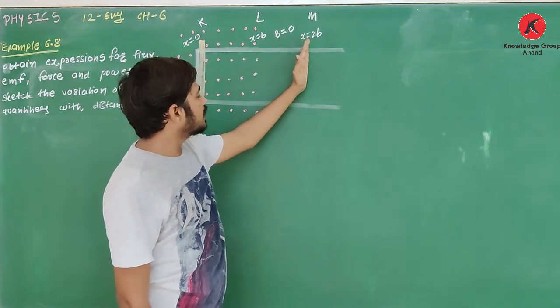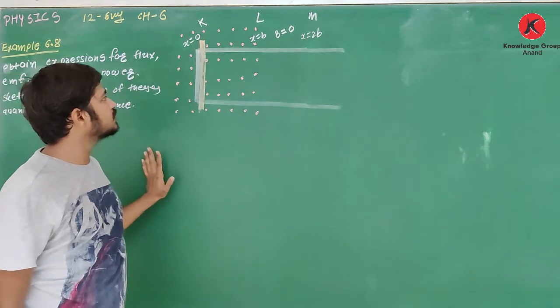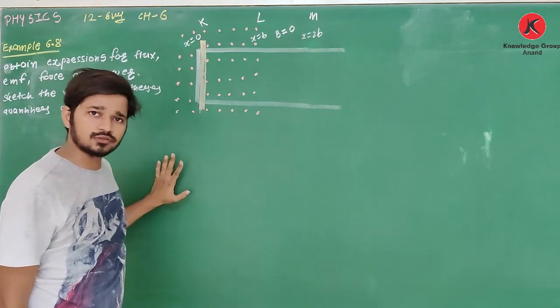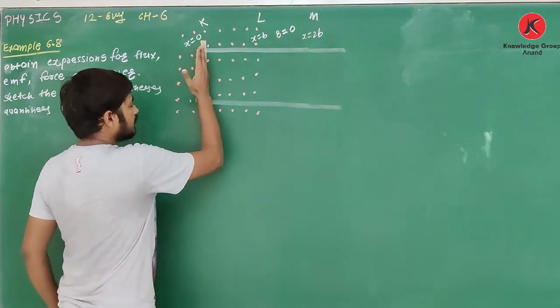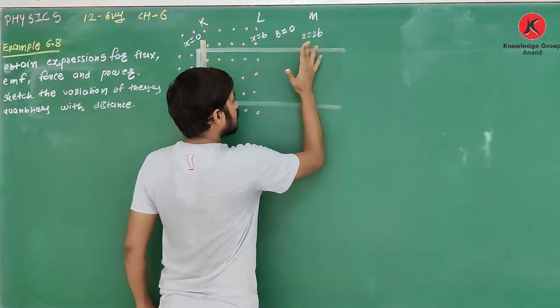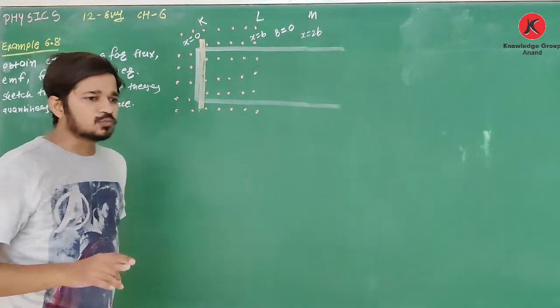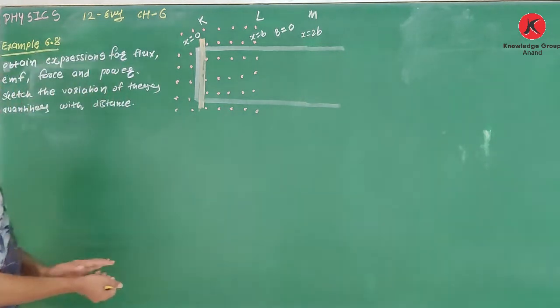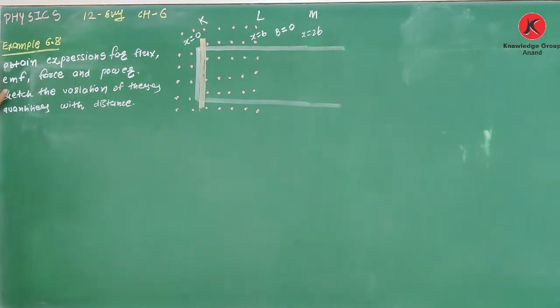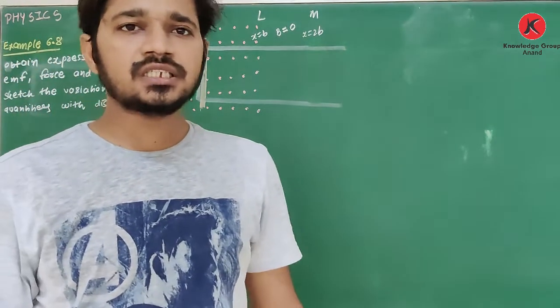And then from 2b it is moved back to its original position, that is towards x is equal to 0. Then during this motion of wire, you have to obtain expressions for flux, EMF, force and power. Also, you have to draw the variation of these quantities with distance.